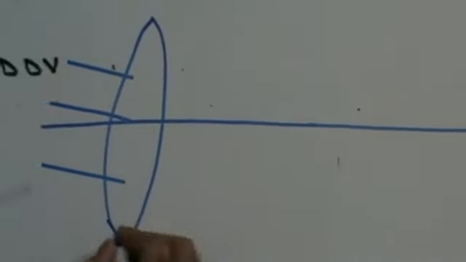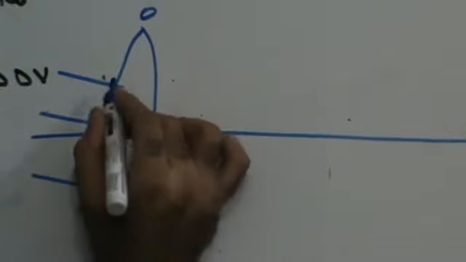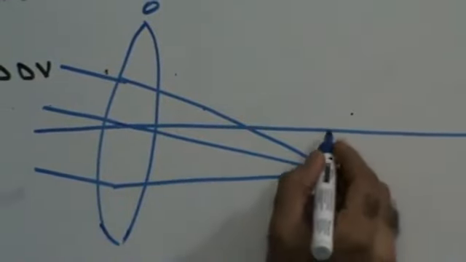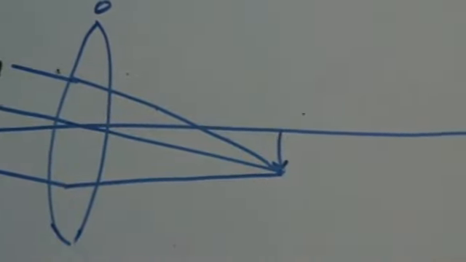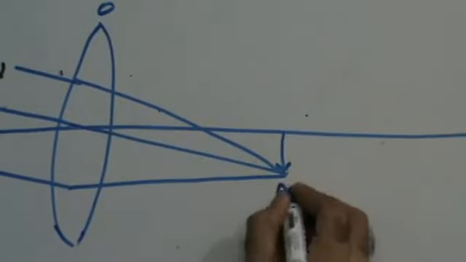After passing through the converging lens objective, they will converge to meet at a point. This is going to be my real and inverted image, right? Let's call this AB.